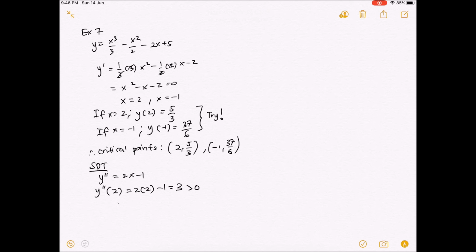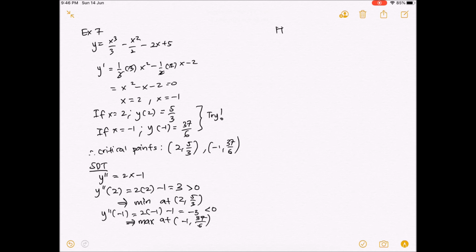Obviously 3 is greater than 0, so I will have a minimum at (2, 5/3). Then y double prime of -1 will be 2 times -1 minus 1, which is -3, less than 0, so we'll have a maximum at (-1, 37/6).